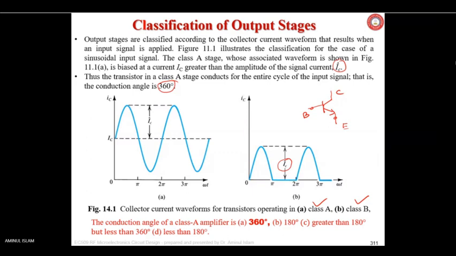Anyway, suppose you are biasing in such a way that you have applied a bias voltage, nothing but a battery, making it just the cut-in voltage or just greater than VBE cut-in.